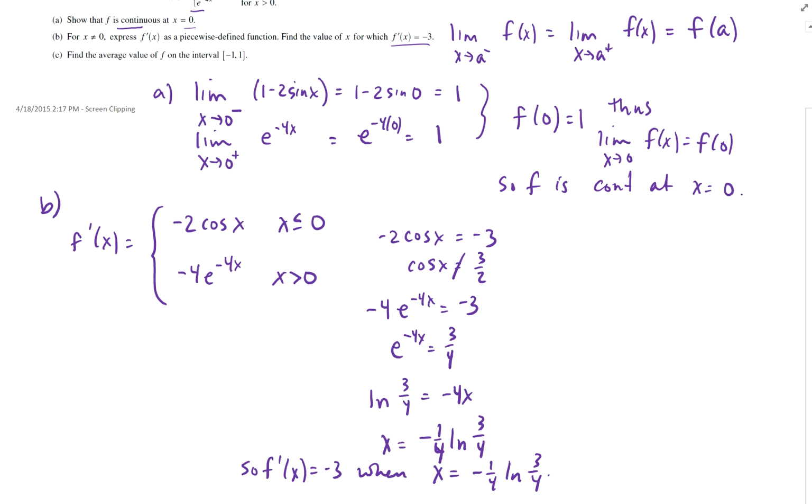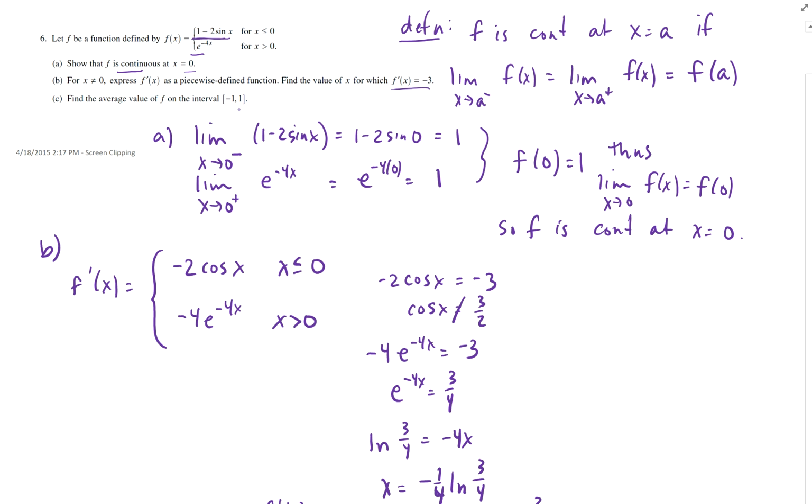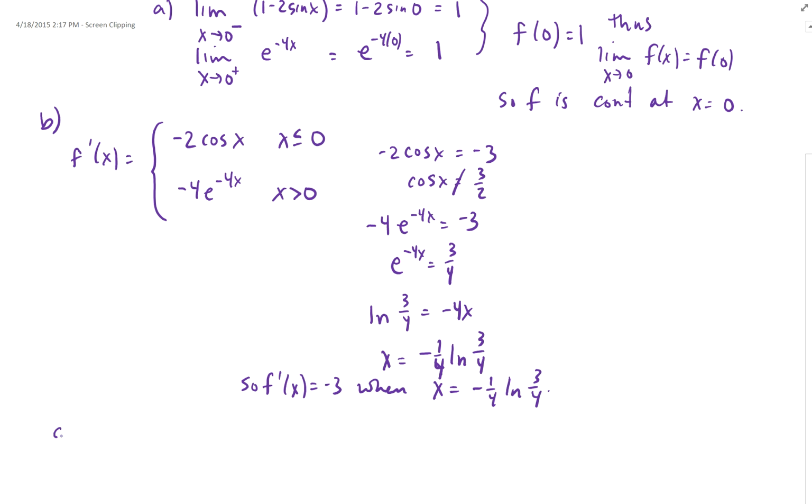Okay, c. Find the average value of f on the interval negative 1 to 1. So I know this is continuous, so it's not jumping anywhere, so I can go ahead and just use the normal definition of average value.